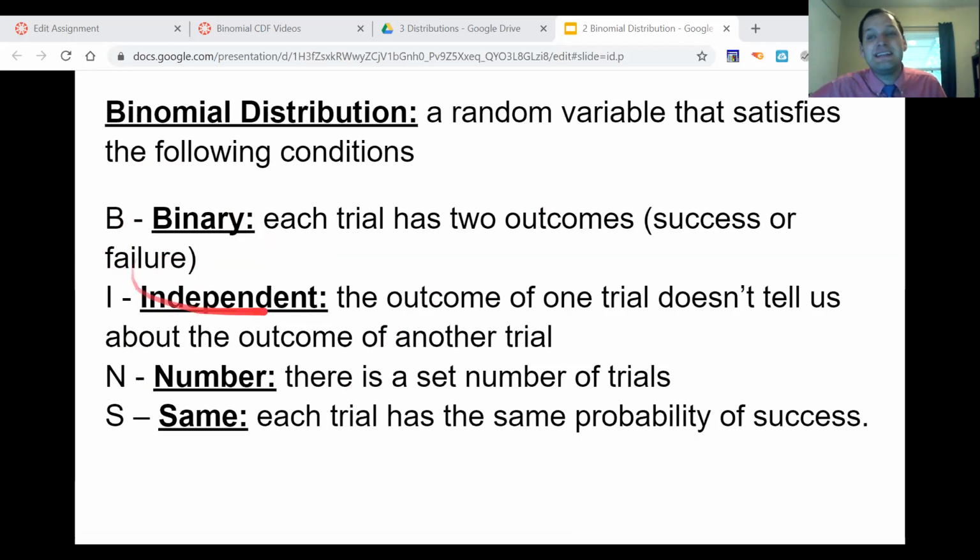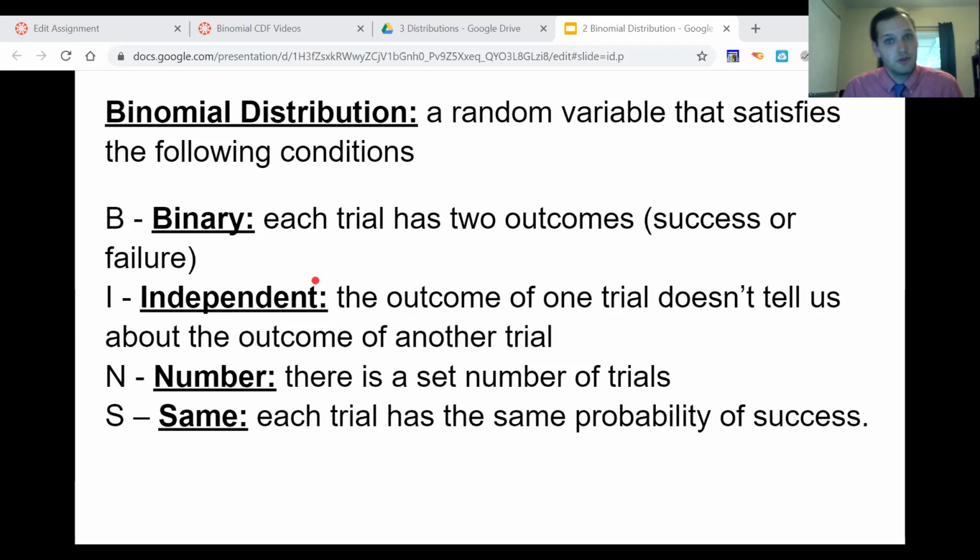I stands for independent. Does one outcome affect the next? If I flip a coin and get heads, does it affect the probability of the next one being heads? No, the next one is still 50% heads or tails. N stands for number. There's a set number of trials. You don't keep going on until you eventually get heads. You're going to flip a coin 10 times and count how many times it goes heads.